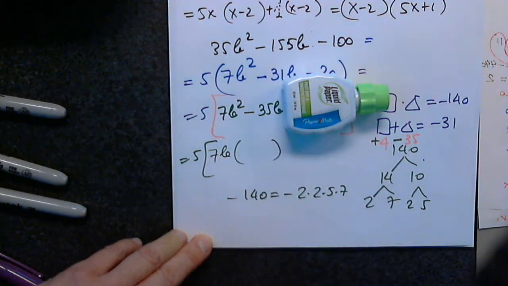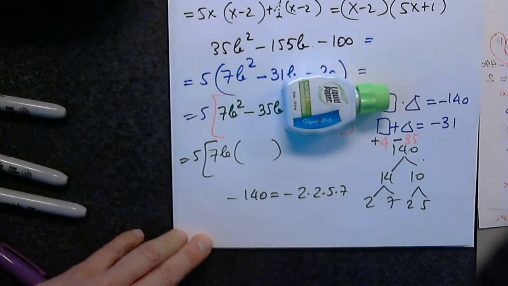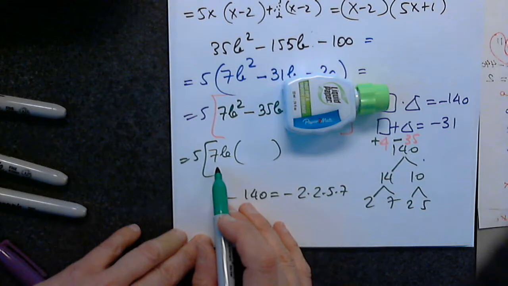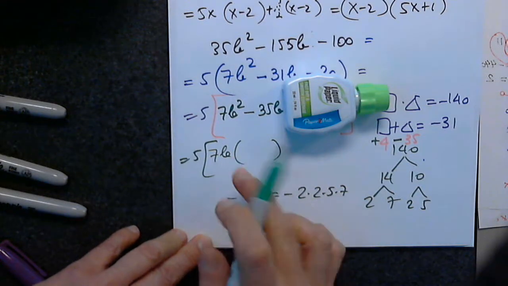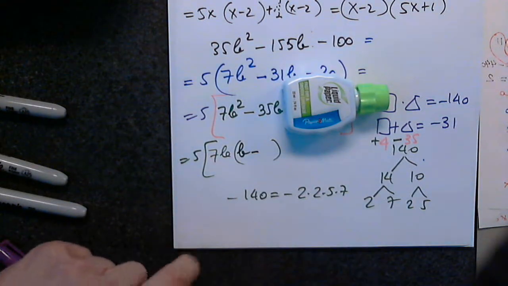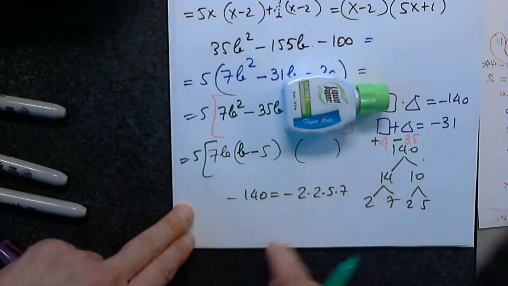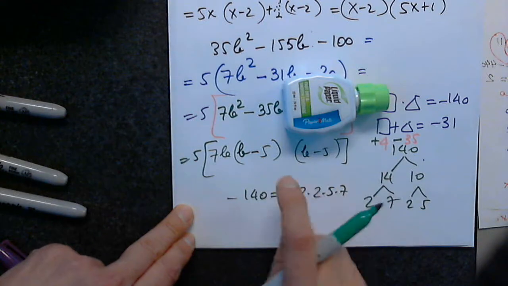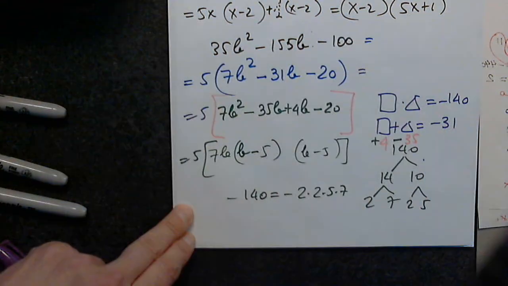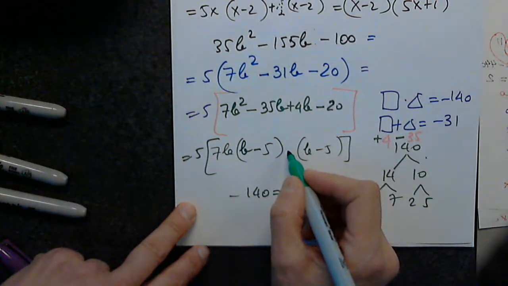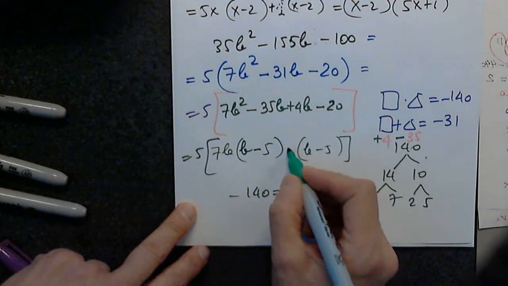What is left in parentheses? 7b. Exactly. B minus 5. Perfect. What should I have coming out from the other two? I need a sign and a factor. 4. And the sign? Positive 4.